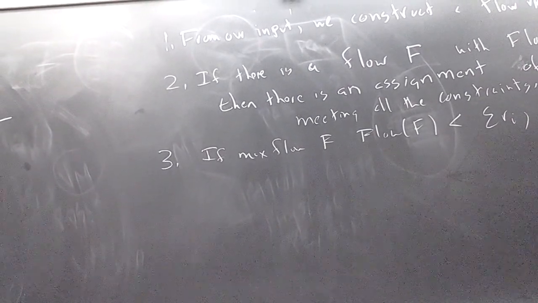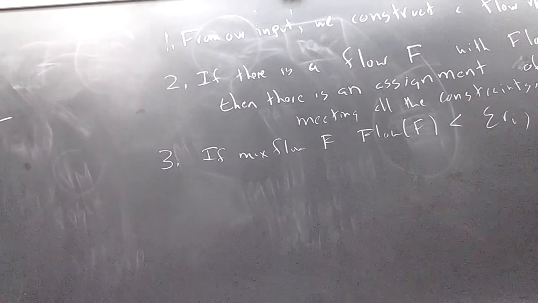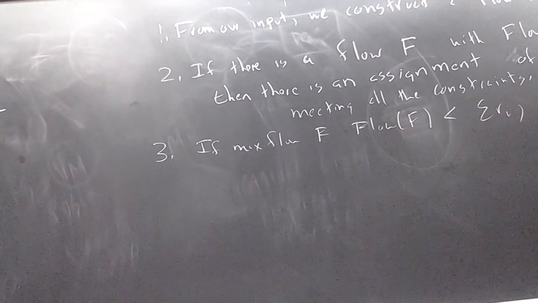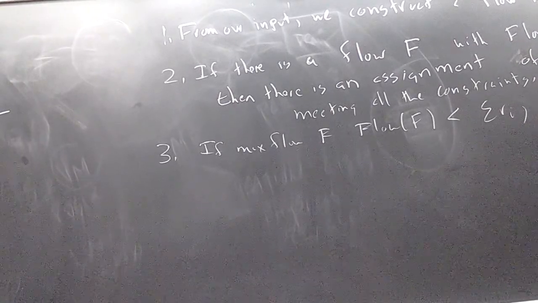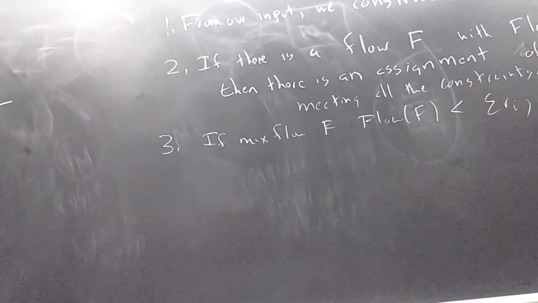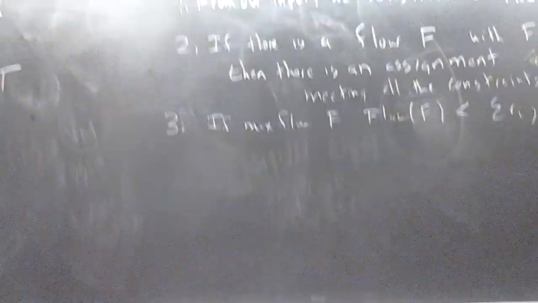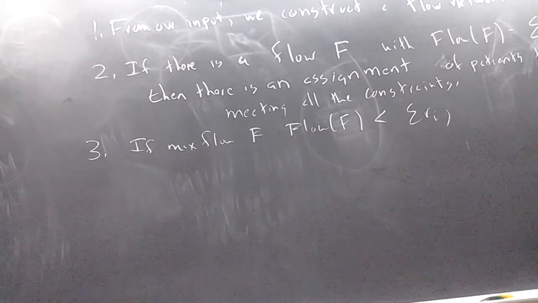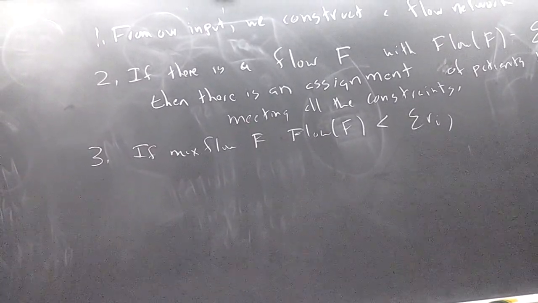Well, we find the max flow. If it's enough flow, then we can use it to make an assignment that meets all our constraints. But what if we find the max flow and there isn't enough flow? Then we want it to be impossible.